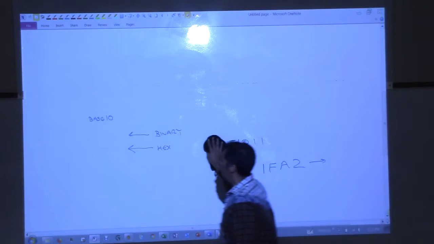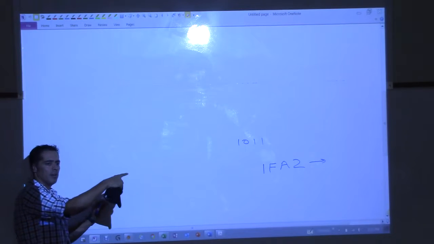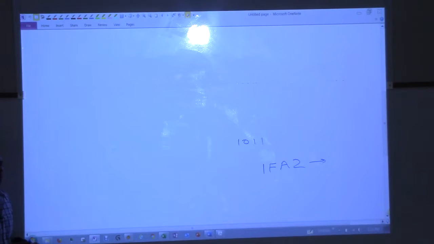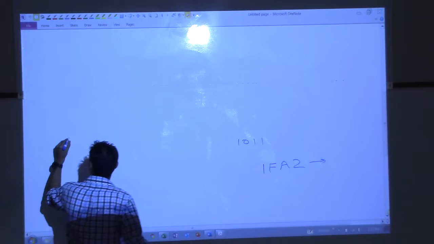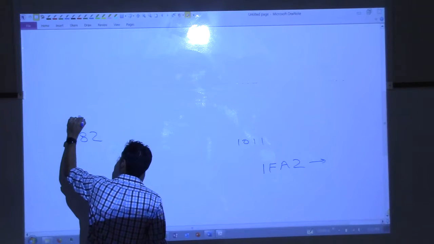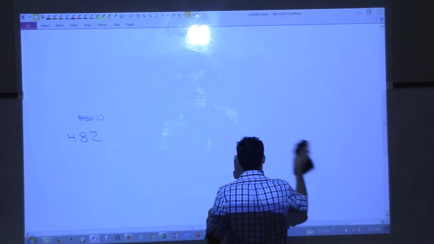Okay, so I don't want to take too much time on this. Last class I talked about how we convert from a certain base over to base 10, but how do we go from base 10 to hexadecimal or base 10 to binary? So I wanted to just show you real quick how to do that. Let's say we get the number 482 in base 10, and we want to go to hexadecimal.